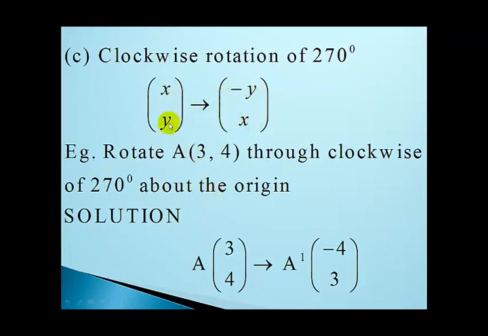That is, y goes up and the x comes down, but the y is negated. So with the point A(3, 4), 4 goes up and 3 comes down, but because the y is negated, that is why we have negated the 4. So we have A(3, 4) mapping to A prime, that is (-4, 3), according to the rule.